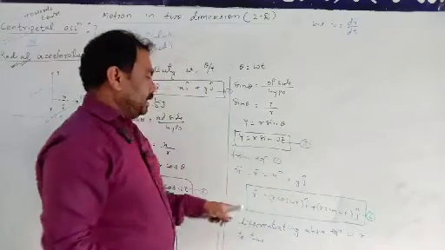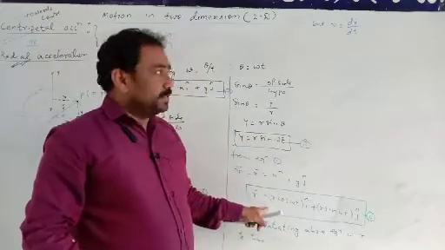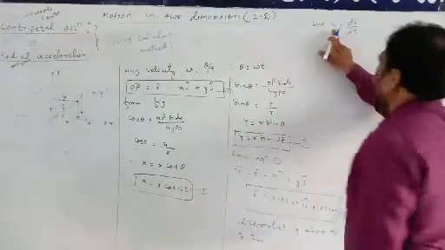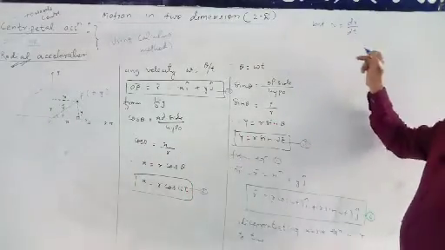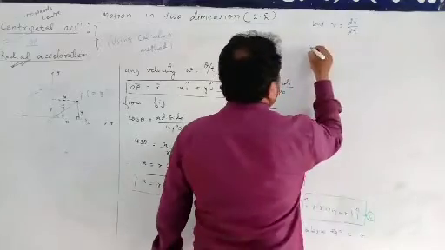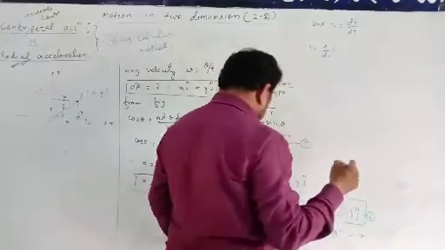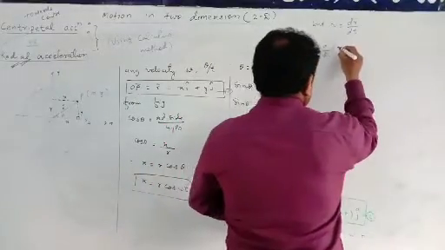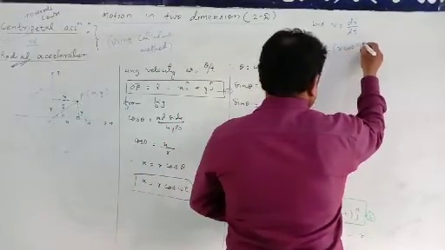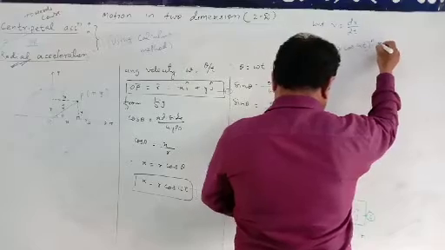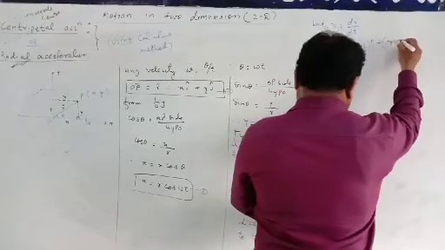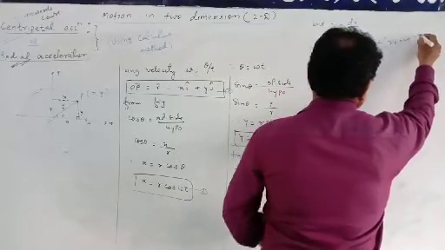If we differentiate this equation with respect to time, then we get velocity. So now differentiate: v is equal to d by dt of r, the value of r, that is r cos omega t into i cap plus r sin omega t into j cap.